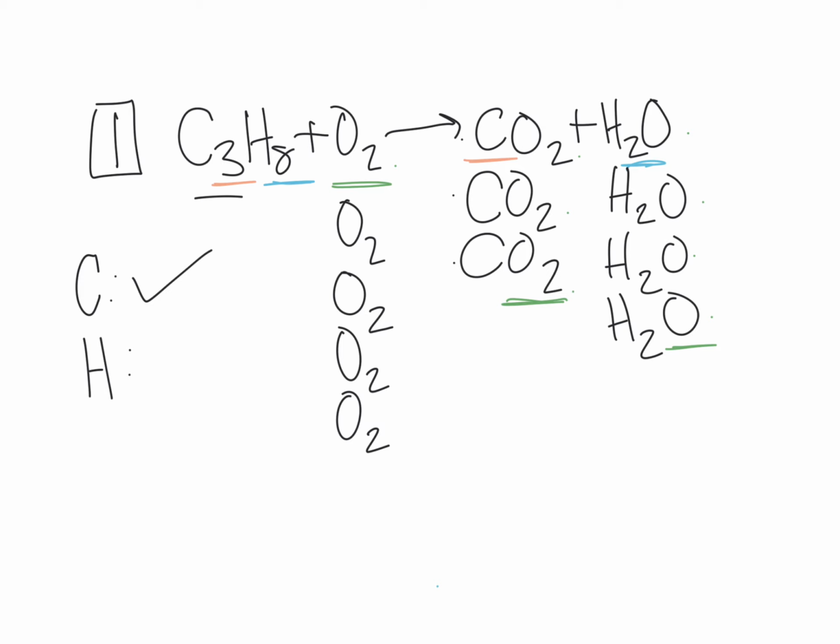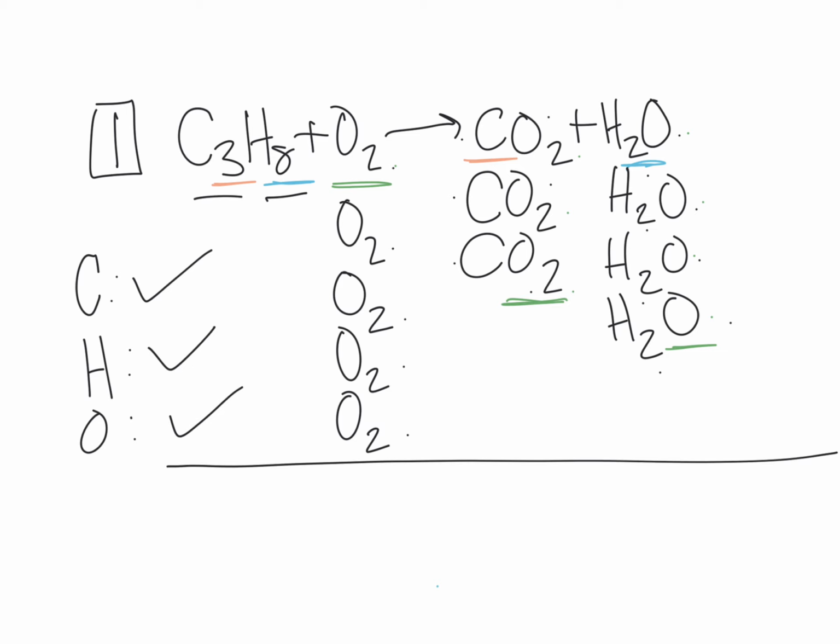Then we'll look at hydrogen. Hydrogen has 8 on the left and 2, 4, 6, 8 on the right. And lastly, oxygen has 2, 4, 6, 8, 10 on the left and 2, 4, 6, 7, 8, 9, 10 on the right. So all of the elements are completely balanced.